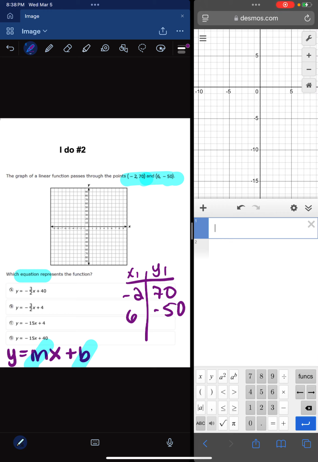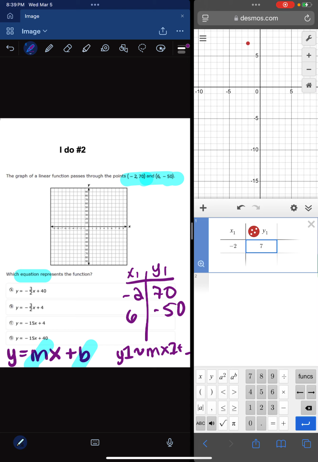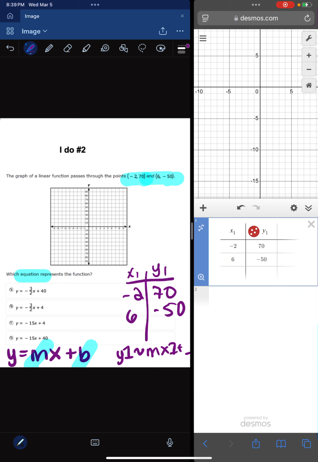Plug it into Desmos along with my Desmos formula, y1 tilde mx1 plus b. So let's go ahead and do that. -270, 6, -50.